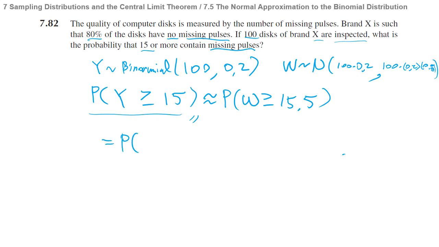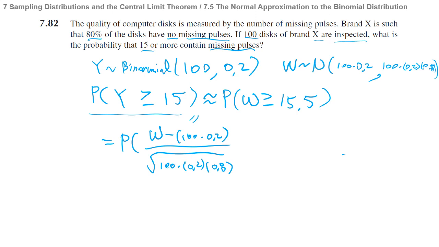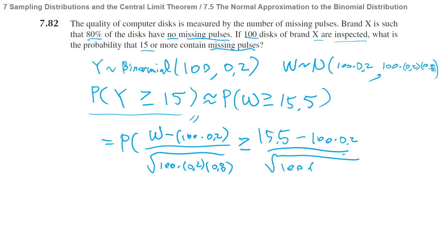This is the probability of (W minus np) divided by the square root of npq, that is, (W minus 100 times 0.2) divided by the square root of 100 times 0.2 times 0.8, greater than or equal to (15.5 minus 100 times 0.2) divided by the square root of 100 times 0.2 times 0.8.